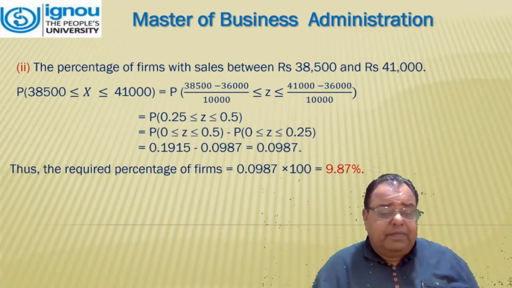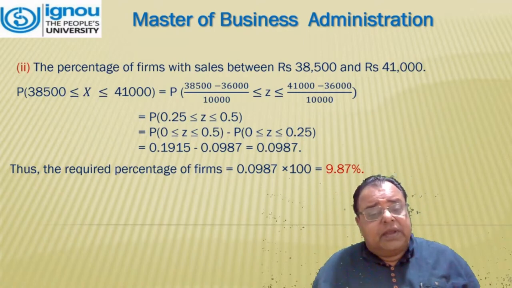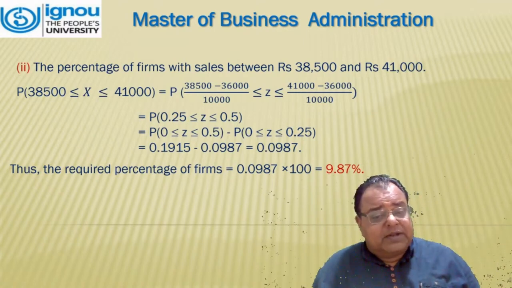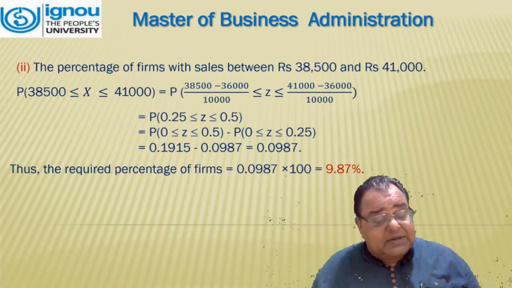We will be converting this into the mathematical relation form, that is probability 0 less than or equal to Z less than 0.5 minus probability 0 less than Z less than 0.25.